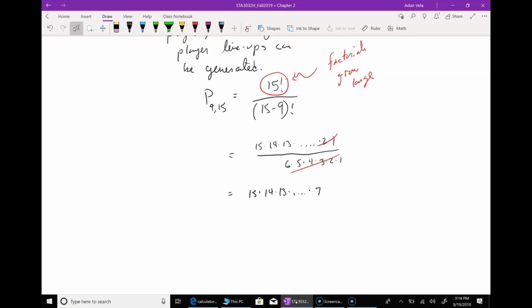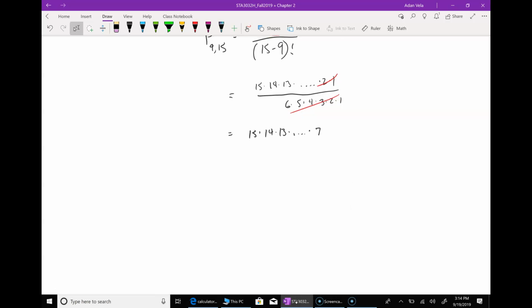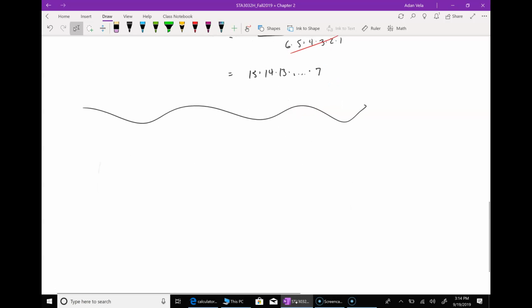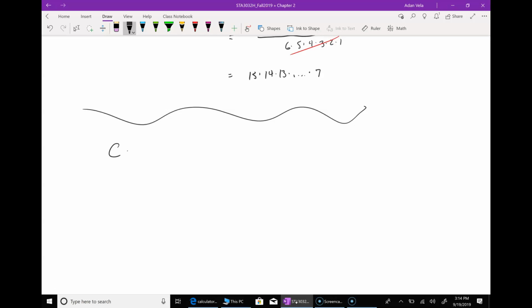Things get a little bit more interesting when we start working with combinations, all right? So in combinations, we're still drawing objects, but now the order doesn't matter, okay?